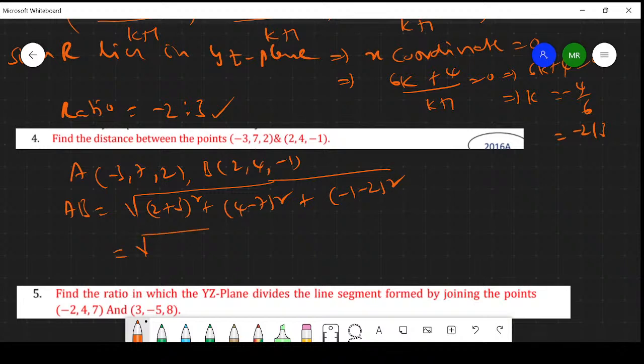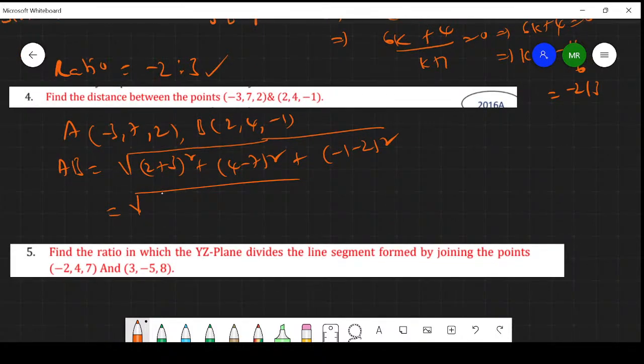So you can see this one, root of 25, right? 2 plus 3 whole square, 25. This will be 25. This will be 9, because 4 minus 7 is minus 3, whole square, 9. This is minus 3 whole square, again 9. Be careful when you are doing simplification. With overconfidence, we may make mistakes.